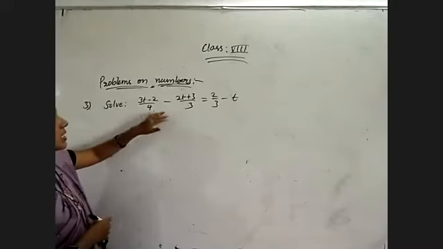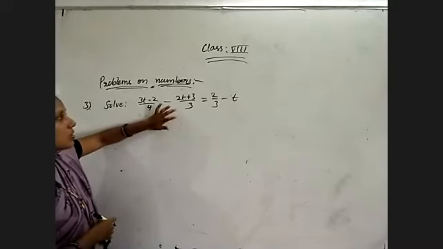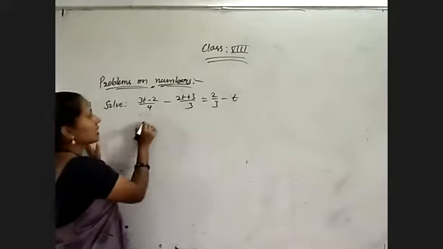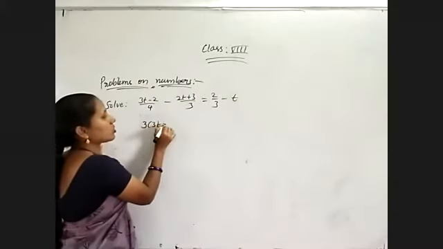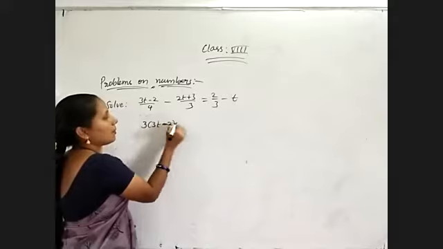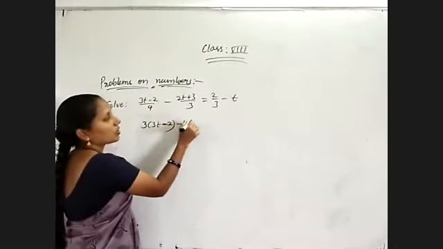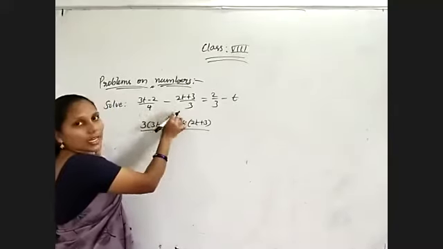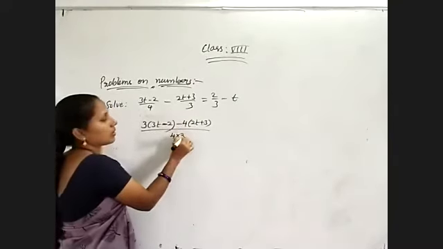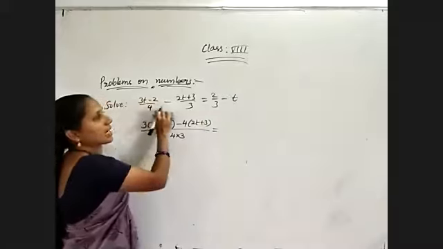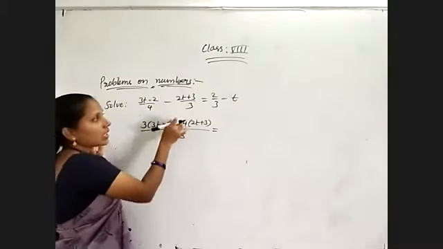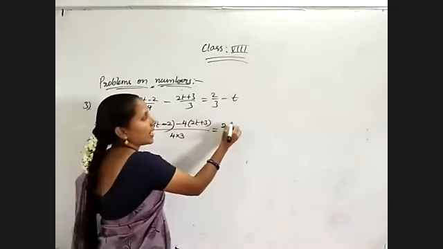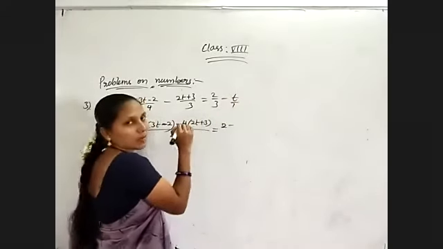So here also, first on the LHS, I am using cross multiplication to simplify these two terms. So what is that? 3 into (3t minus 2) minus 4 into (2t plus 3), divided by 4 into 3. It is (AD minus BC) by (A into B), the same here. On the right side, 2 minus t, where t is nothing but t by 1.